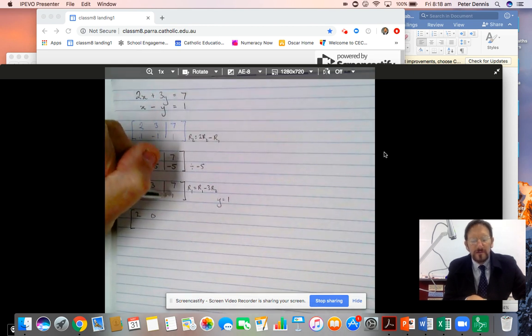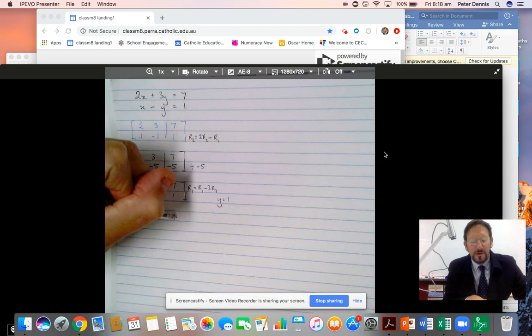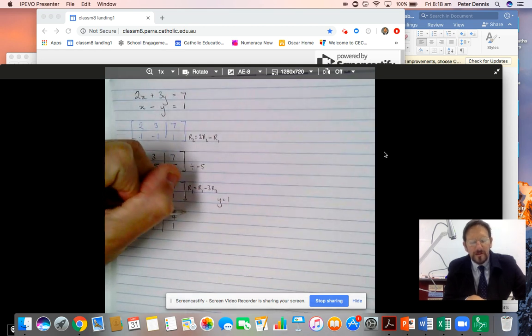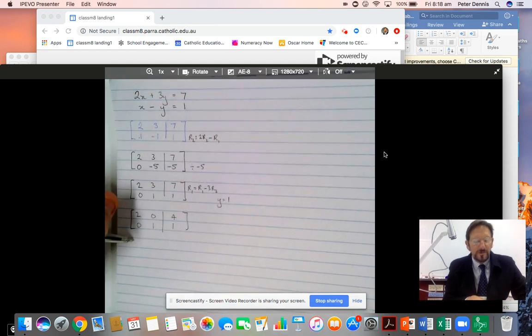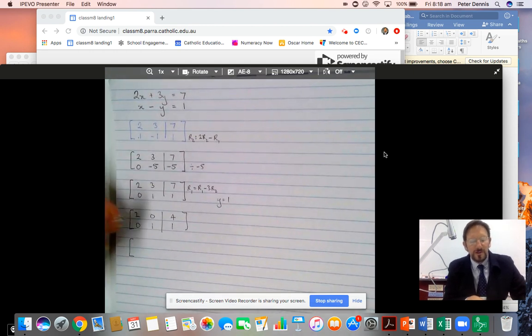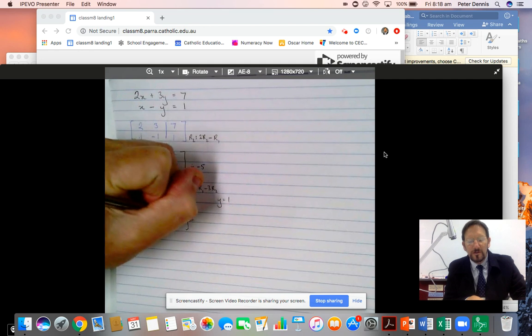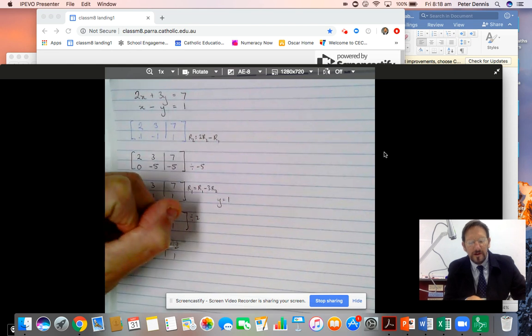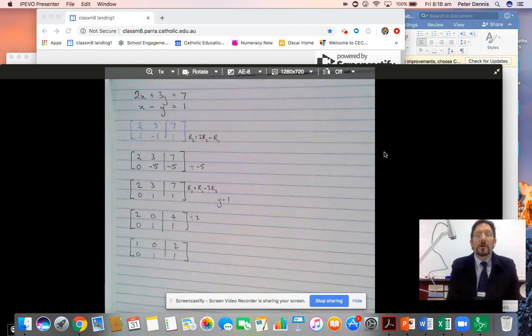And 7 minus 3 is 4. And then this bottom line stays as that. We haven't touched that bottom line. And of course, to get it into reduced row echelon form, we can divide that top line by 2. So we get 1, 0, 2, 0, 1, 1, and that is a reduced row echelon form.